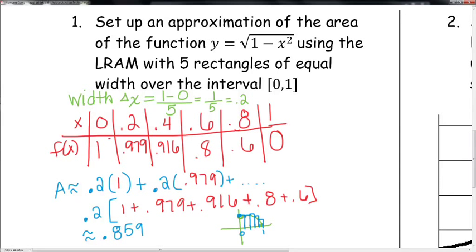Sorry about my one rectangle being the wrong height, this one right here. But the idea is you're using the left-hand corner of your rectangle. In reverse, for the right-hand corner, we would start over on this one with the 0. But since it says LRAM, we start with the left-hand corner.